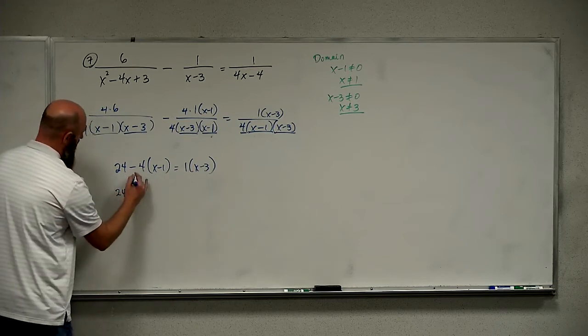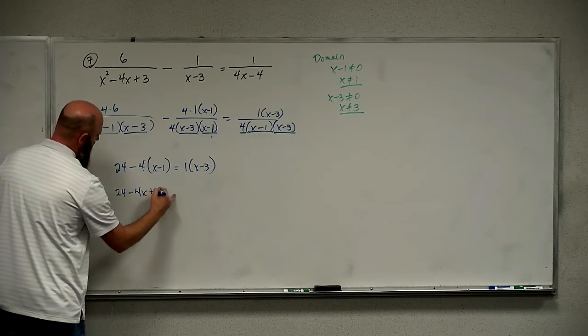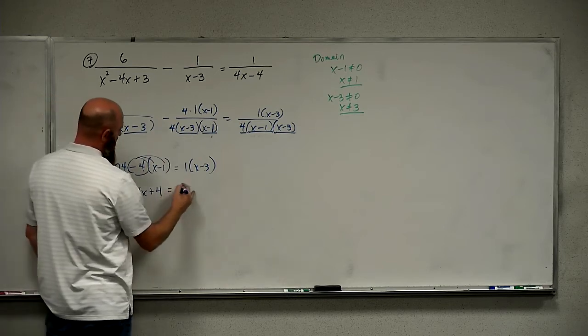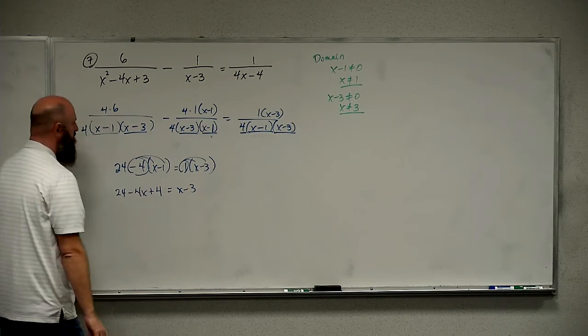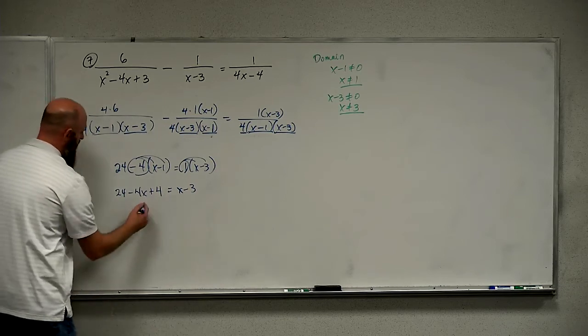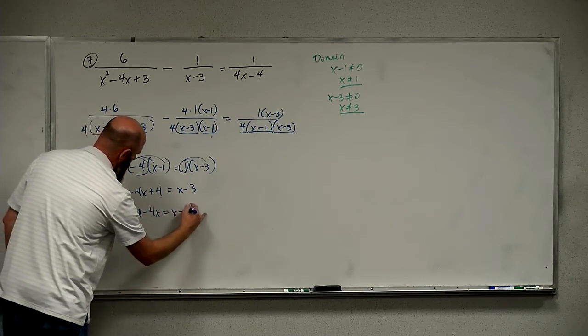So 24, we're going to distribute that negative 4. So minus 4x plus 4. And 1 distributed in just gives me x minus 3. We combine like terms, so I get 28 minus 4x equals x minus 3.